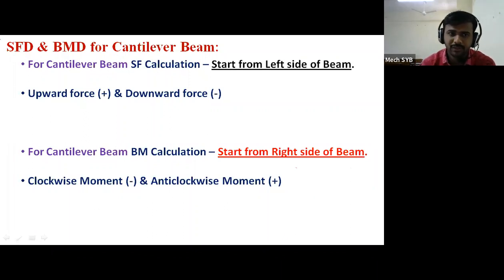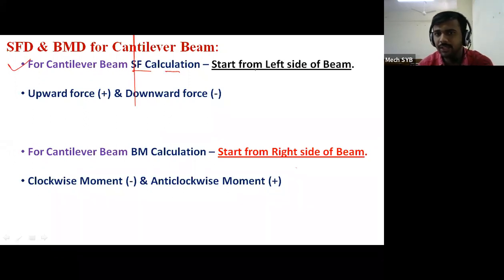And what is the first requirement? What is the first procedure? For cantilever beam, SF calculation will start from the left side of the beam. The same we have also followed for our simply supported and the overhanging beam. That is, SF calculation we have started from the left side of the beam.